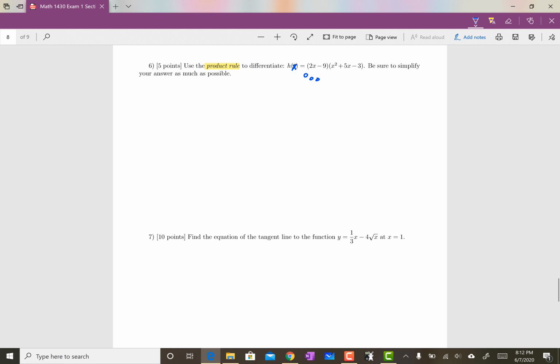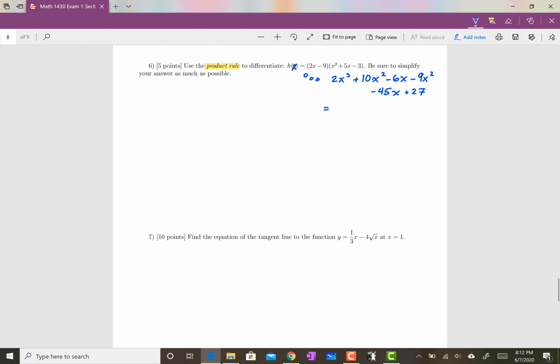So for example, let's do it real quick. If I multiplied 2x times x squared is 2x cubed, 2x times 5x is plus 10x squared, 2x times negative 3 is minus 6x, and then negative 9 times x squared is minus 9x squared, negative 9 times 5x is minus 45x, and then negative 9 times negative 3 is plus 27.